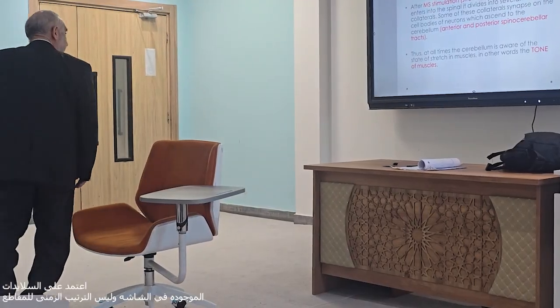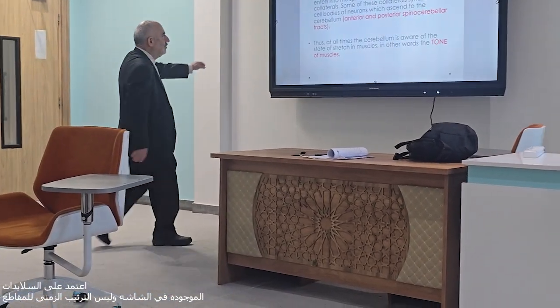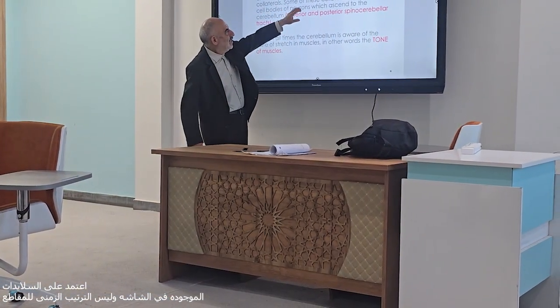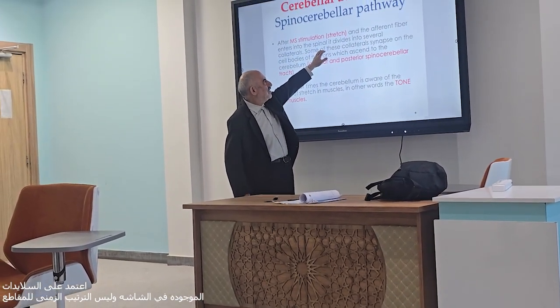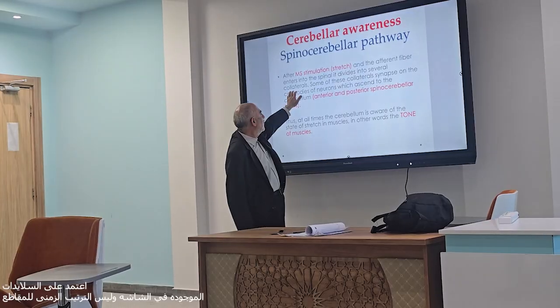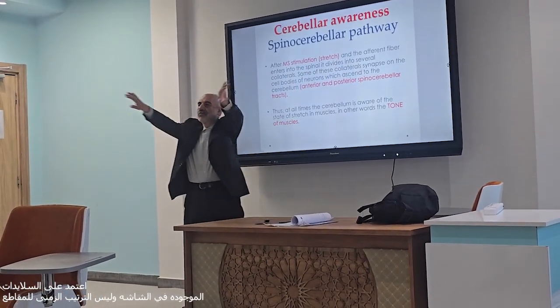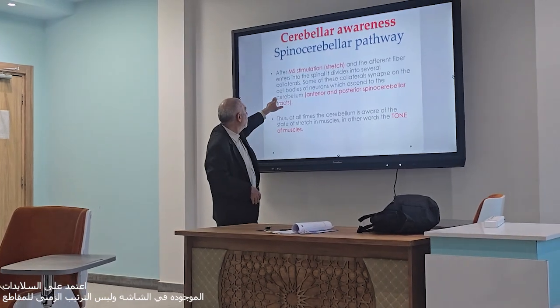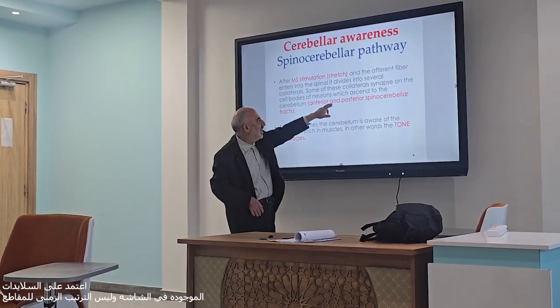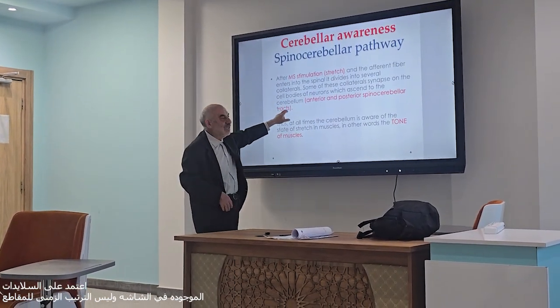So after muscle spindle stimulation, the afferent fibers enter into the spinal cord and divide into different collaterals. Some of these collaterals synapse on the cell bodies of the neurons which ascend to the cerebellum.